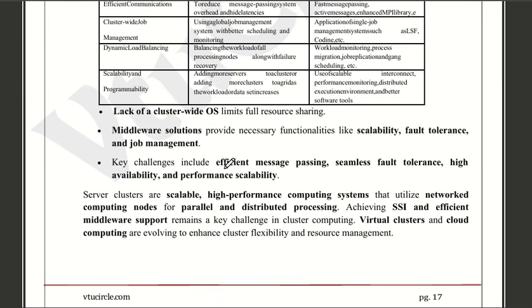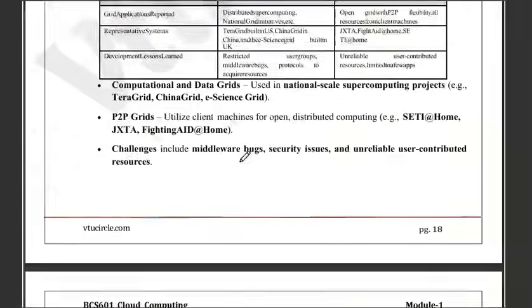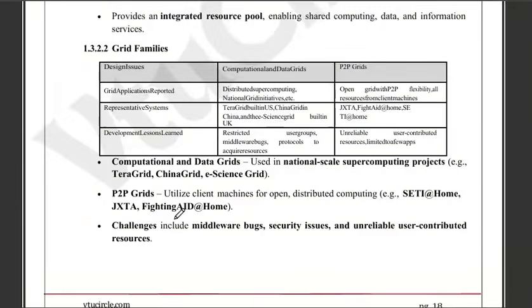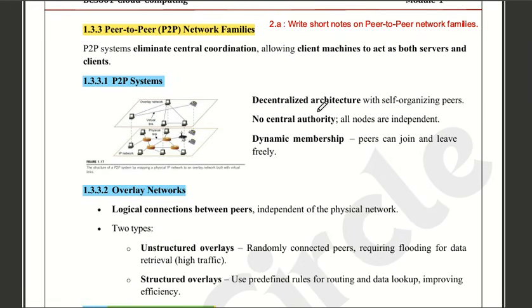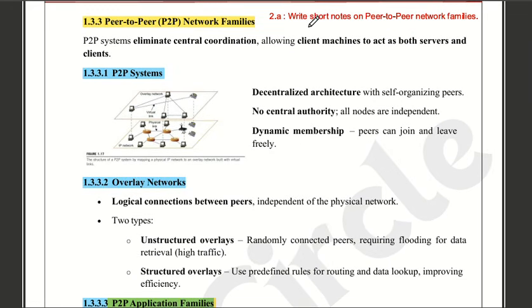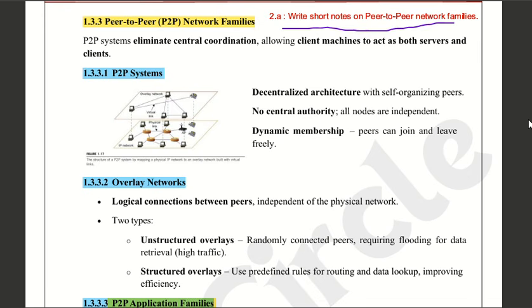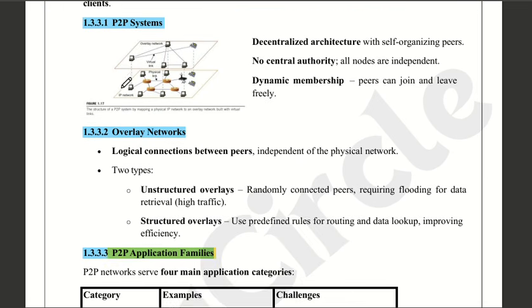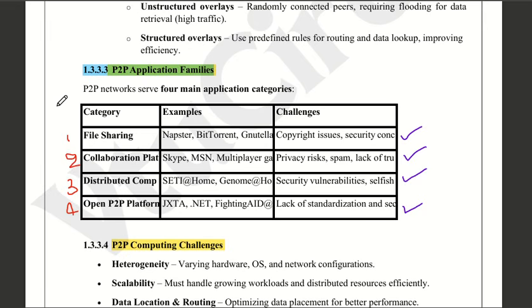Then moving on to the next topic, no need to read all these concepts, you need to focus on the important concept. And another question, yeah, here it is: write a short note on the peer-to-peer network family. If they ask this question, here mainly four categories are there, including file sharing, collaborative distributed computing, and open P2P platform.